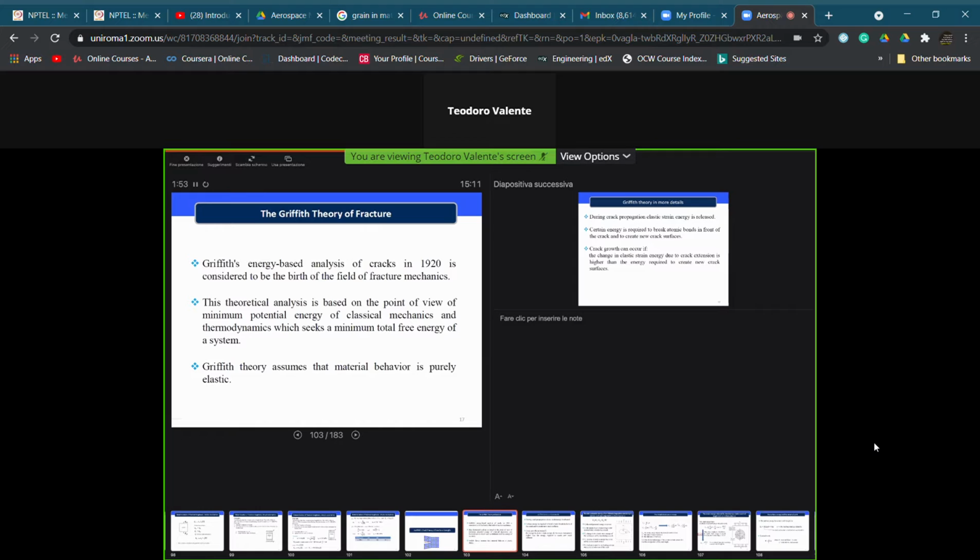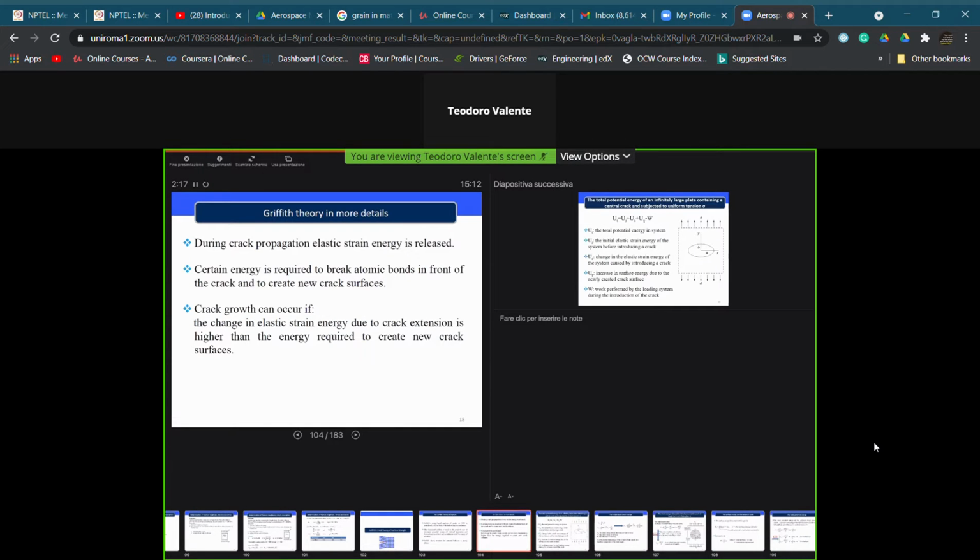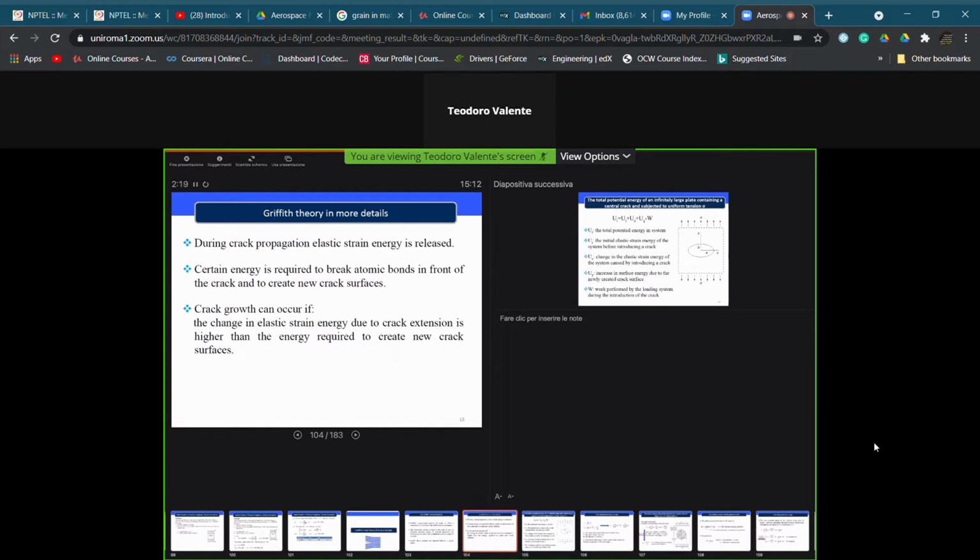It also assumes, as we have already done at the beginning for linear elastic fracture mechanics based on the stress evaluation approach, that the material behavior, also in the Griffith theory, is purely elastic. That is, it can be described with the classical Hooke law. What is going to happen when we think, for example, of crack propagation?